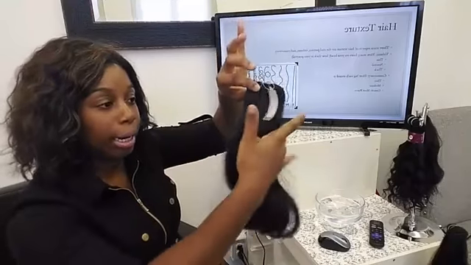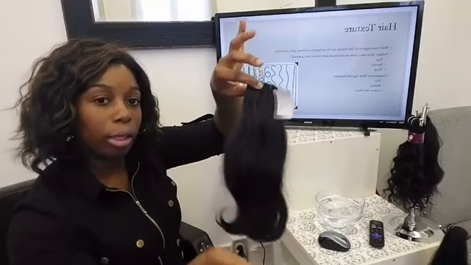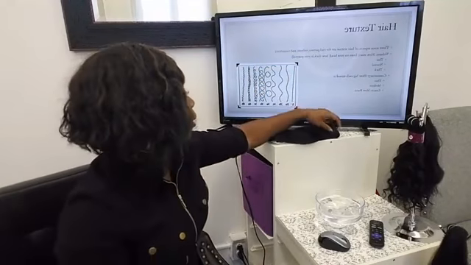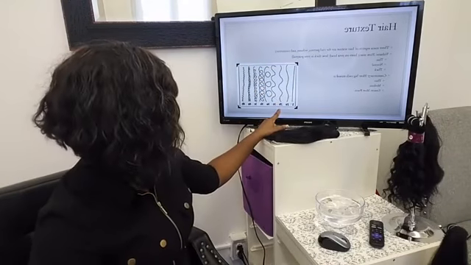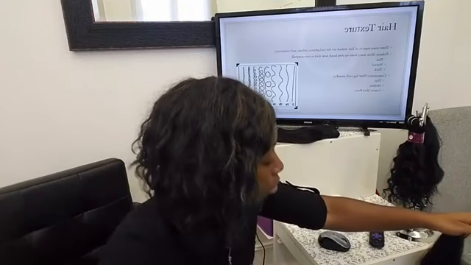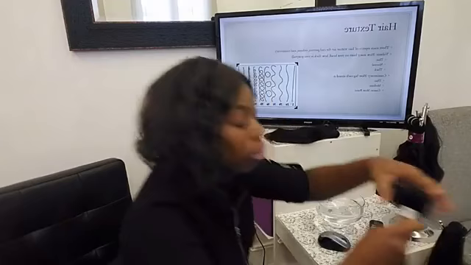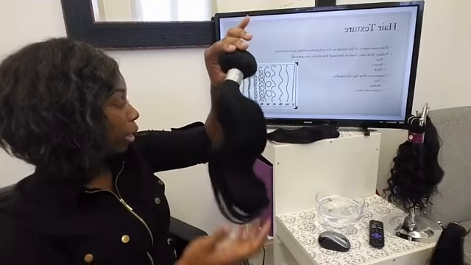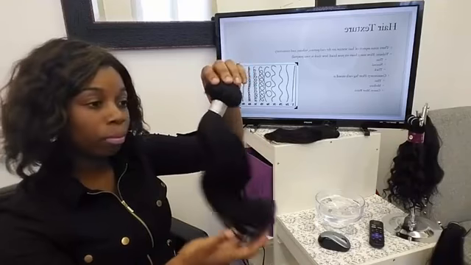So it doesn't really have much of a curl in it at all. It's just a little wave here. And then we have our 2B and our 2C, which would be something more like this between our 2B and our 2C. Okay.